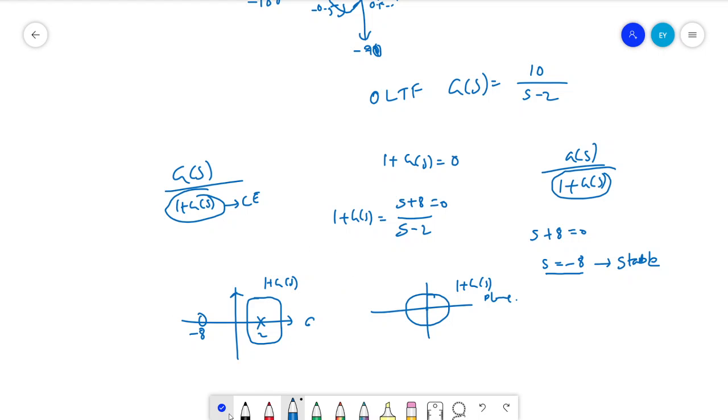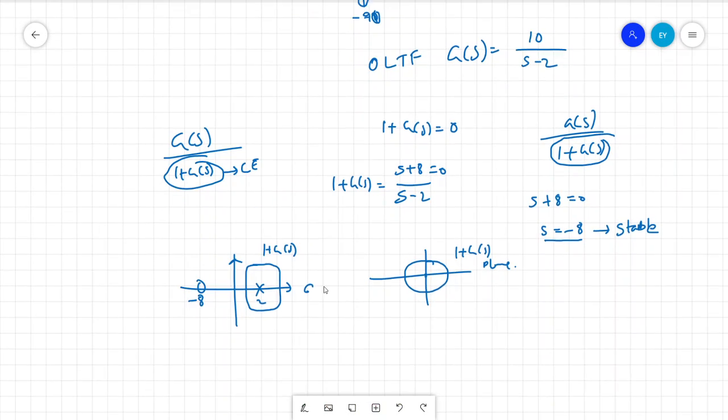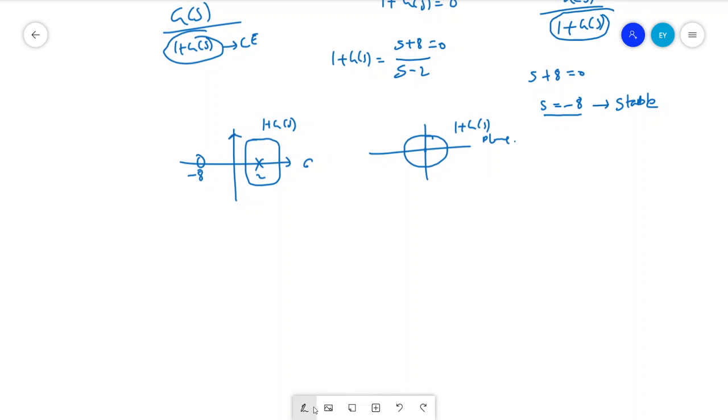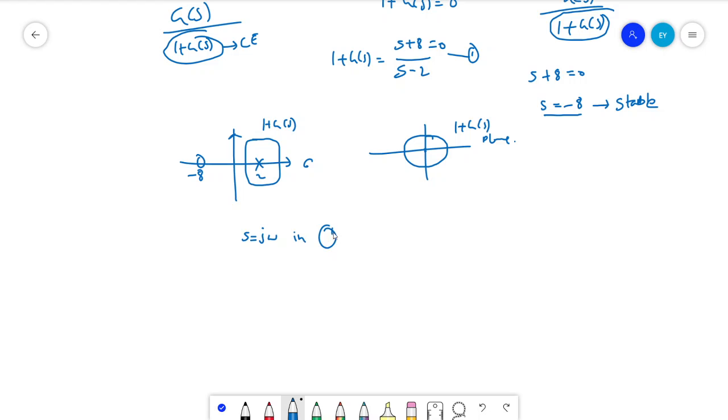Okay, so we'll consider the same thing, the 1 plus g of s characteristic equation, and substitute s equal to j omega. What you will get is 1 plus g of j omega.